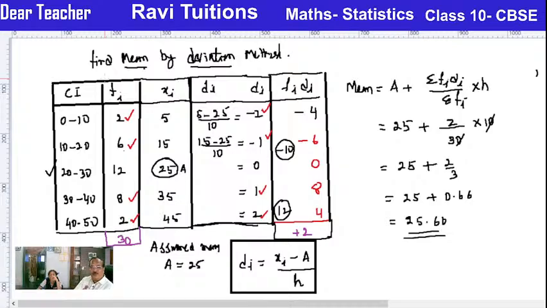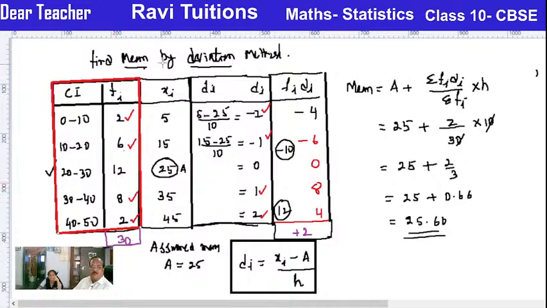It depends on the table, that means the frequency table. What is a frequency table? The table which is having frequency is known as a frequency table. Okay, so this is a frequency table.